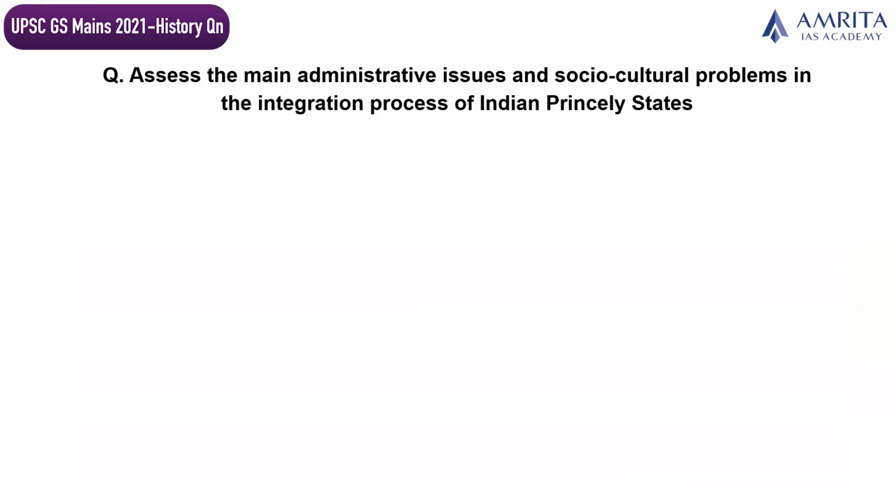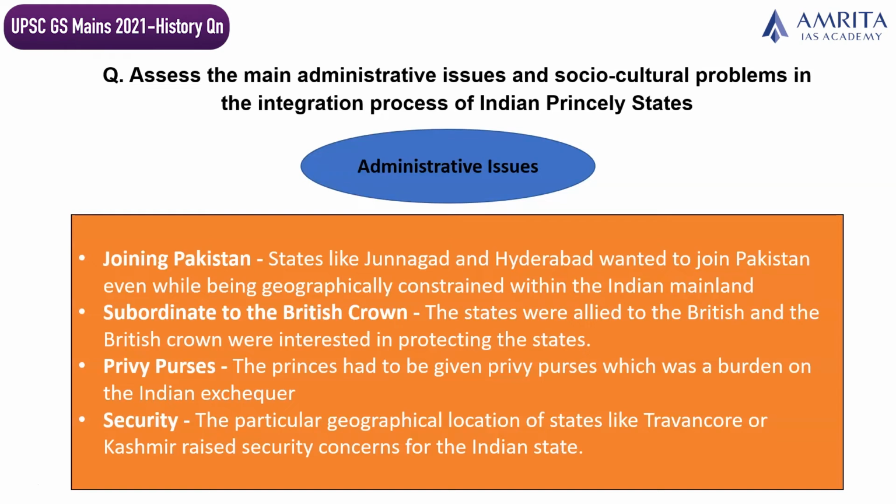Moving on, students, some other administrative issues include some mainland princely states who wanted to join the Pakistan Dominion. There were two states, Junagadh and Hyderabad, and both of them wanted to join Pakistan. However, they were geographically constrained within the Indian mainland, and thus their demand could not be fulfilled by the politicians.